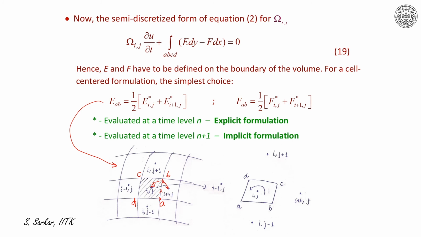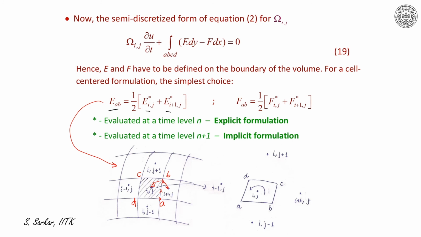That is why I have indicated here E_AB is equal to half of E*_ij plus E*_i+1,j. Star indicates the time level at which these values are evaluated.